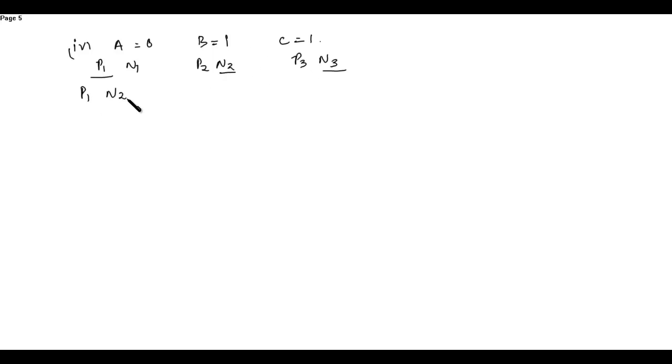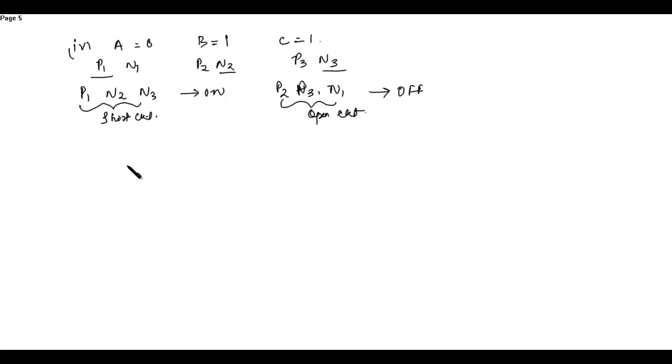So P1, N2 and N3 will turn on, and P2, P3 and N1 will turn off. So the on will be represented by short circuit, and when the PMOS and NMOS turn off, it is represented by the open circuit.